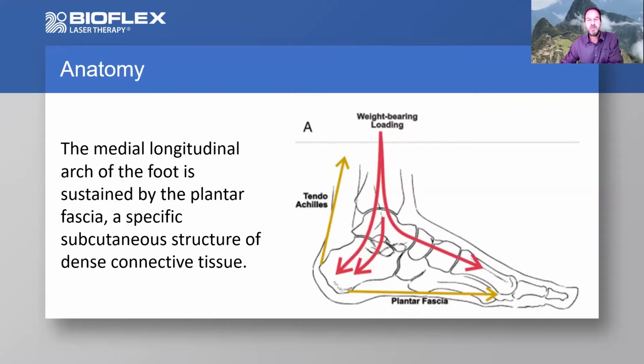With the medial longitudinal arch, the plantar fascia, you can see that yellow line at the bottom, represents how it supports the medial longitudinal arch, and the weight-bearing loading, all your weight, whether it's 80 pounds or 380 pounds, bears down on that fascia, and of course the Achilles tendon and other supporting structures as well. It's a dense connective tissue type of material.